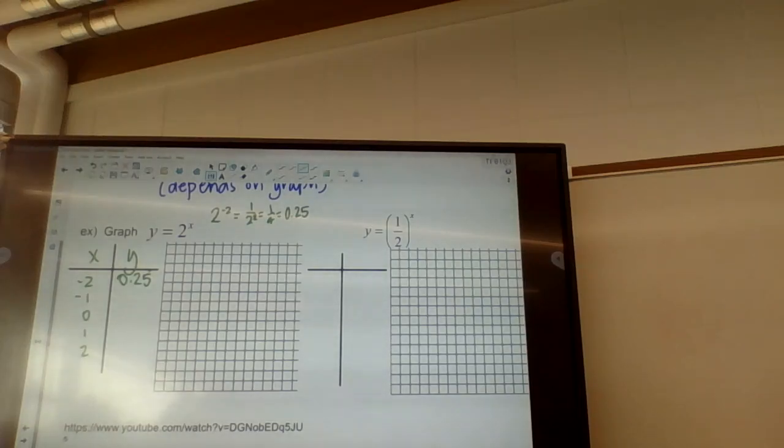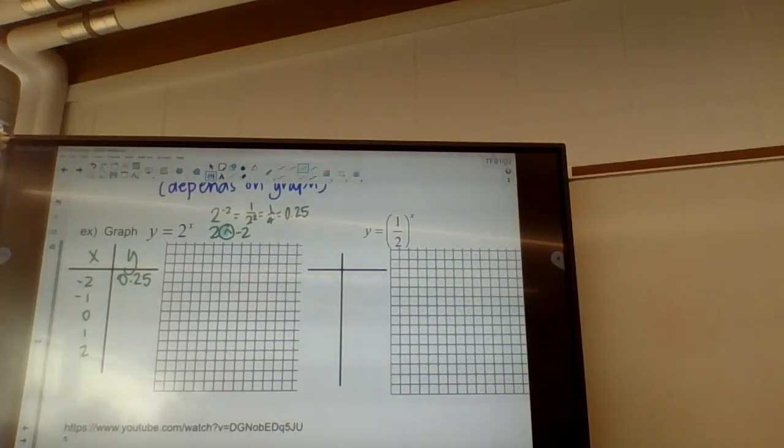So 2 to the -2 power, and on your calculator, a lot of you use this little caret button. If you don't have the caret button, you might have something else. Okay, type in 2 first, and then... yours looks different. Yeah, maybe, I can't see it.